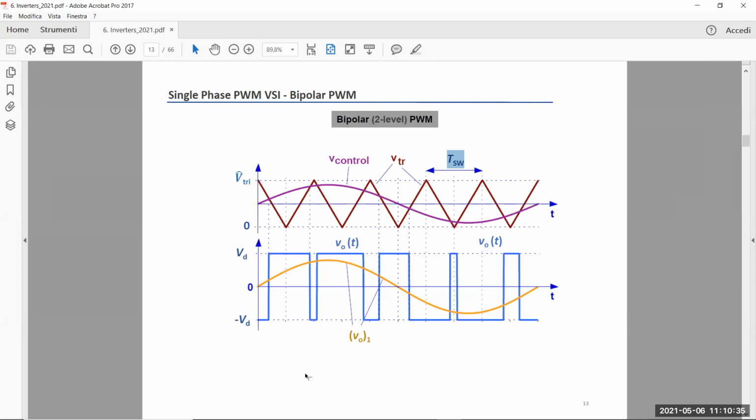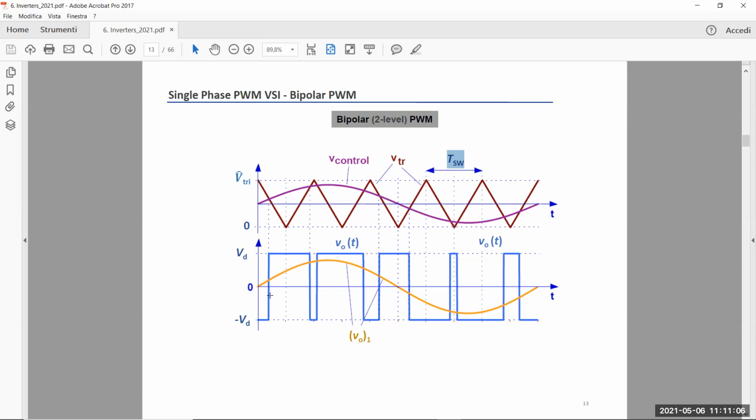The output voltage, which is VAN minus VBN, is now totally bipolar, ranging from minus VD to plus VD. So the blue curve here is the output voltage V naught, not filtered yet. As you can see, there is no situation in which you have totally positive or totally negative voltage, like in the unipolar one. You have just two levels, minus VD or plus VD.